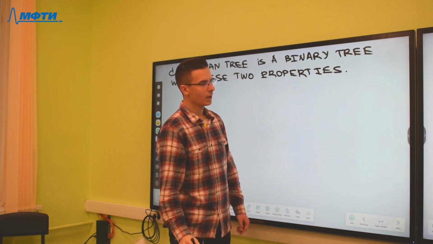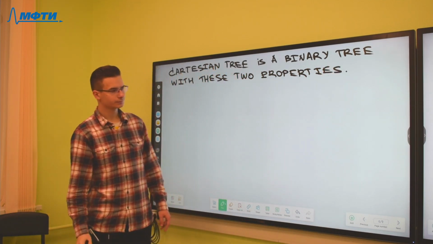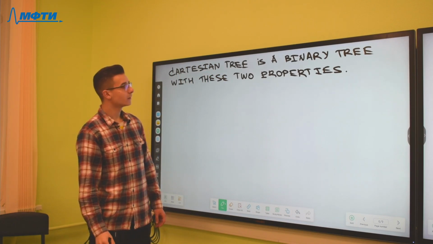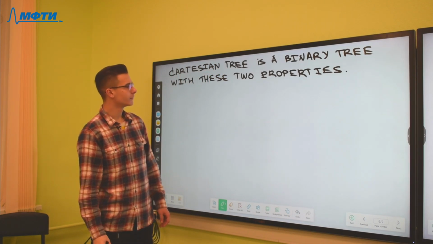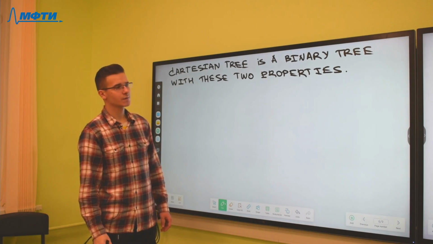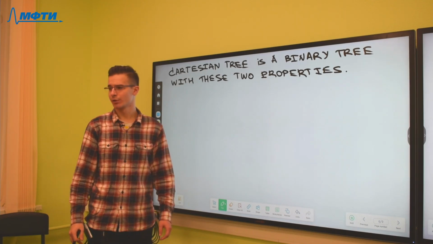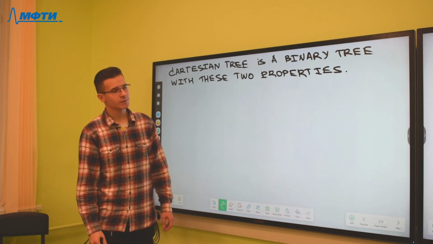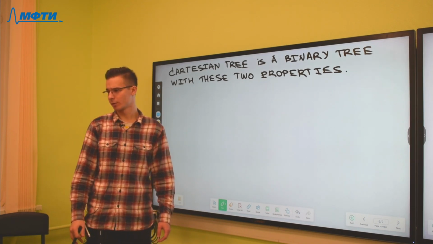Usually we say that a Cartesian tree is a binary search tree by the keys, and it is a heap by the priority numbers. Okay.